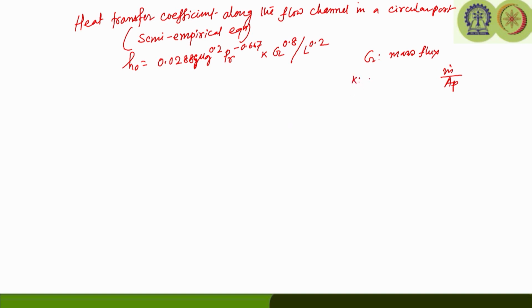K is an experimentally determined constant, and L is the distance from the leading edge of the fluid flow.